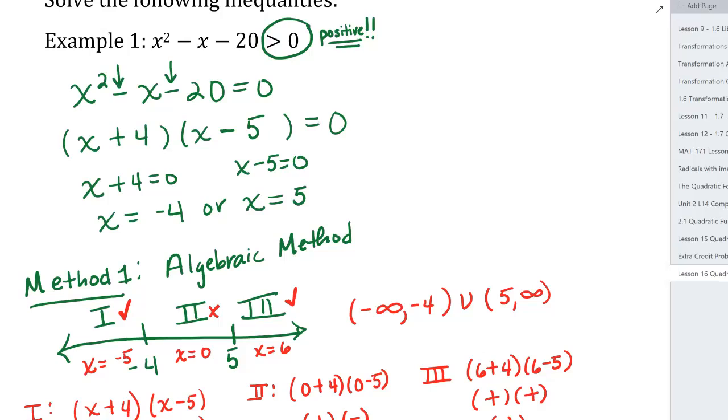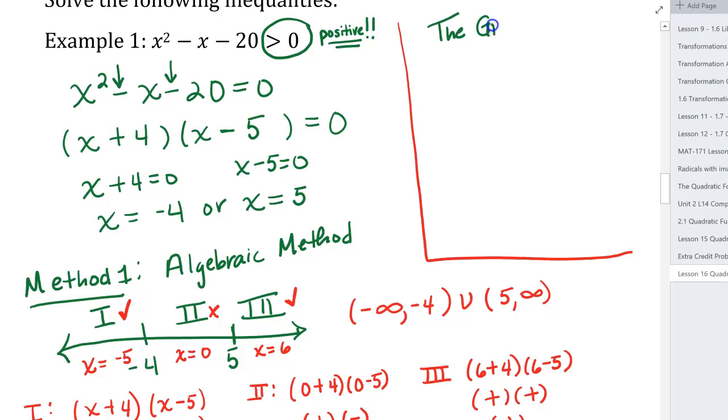Now I'm going to go ahead and also show you the graphing way to solve this, which was method 2. So if you remember, the directions said to make a rough sketch of the graph.